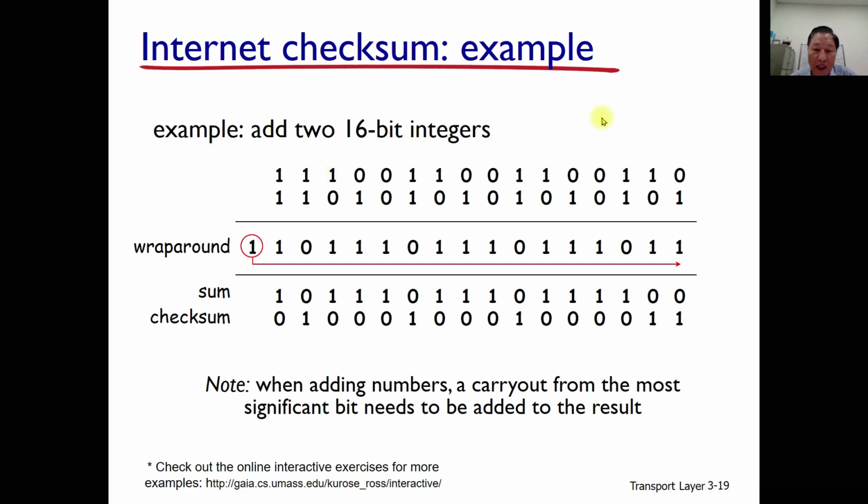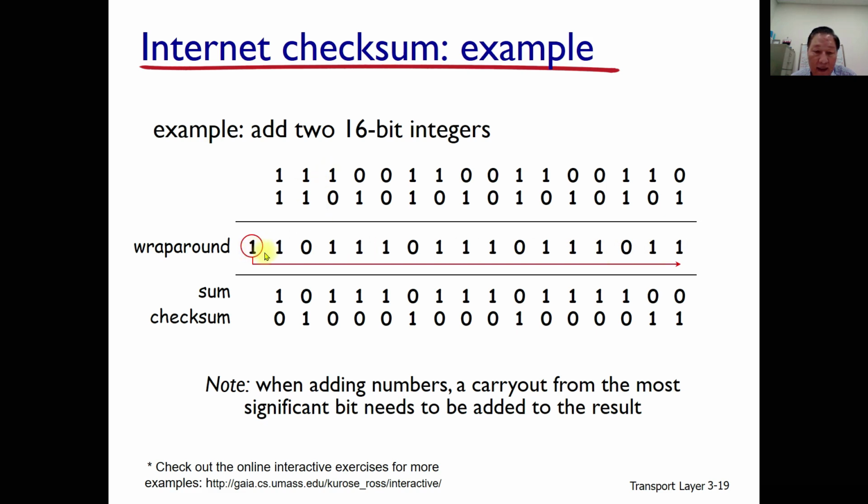Let's assume there are many 16-bit integers, those are data. Depending upon the data size, there may be more or less. But anyhow, let's assume they are added continuously, and here we are simply considering two 16-bit integers being added to find the checksum.